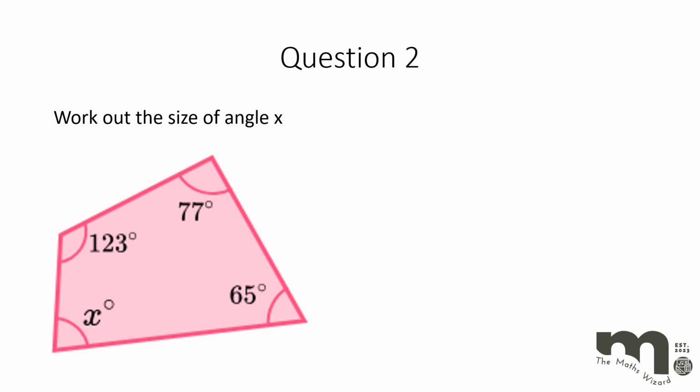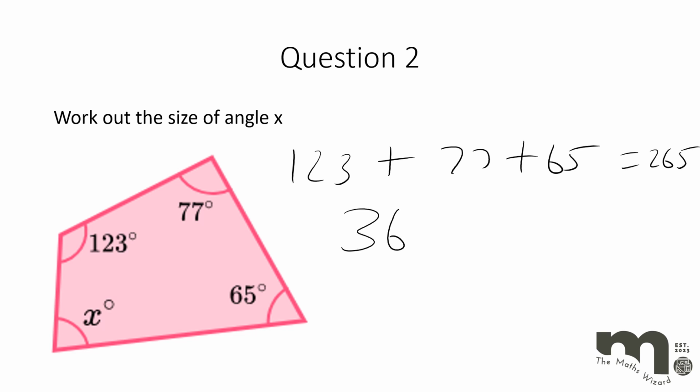If we add together what we've already got, 123 add 77 add 65, that's going to give us 265. Then if we take that away from 360, we're going to end up with 95 degrees for that one. So it's almost 100, but just slightly less than 100. So we're at 95 degrees for that angle X.